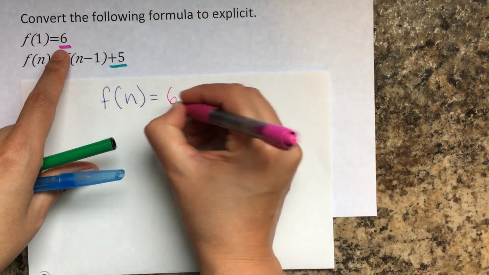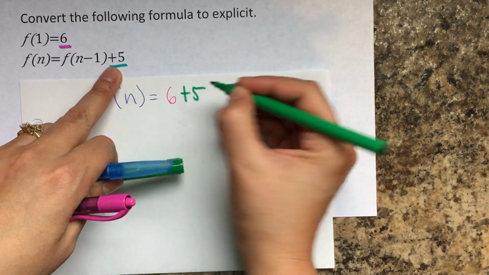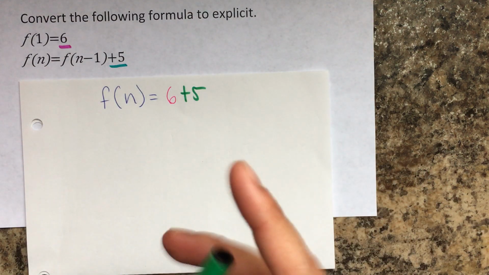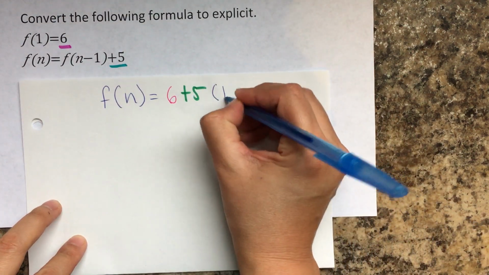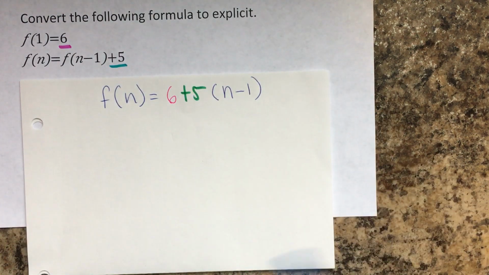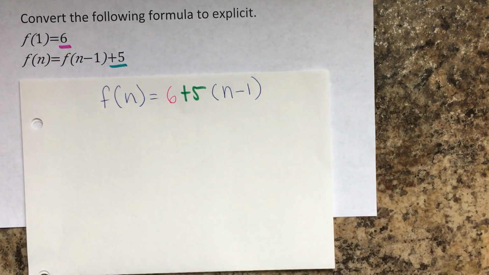So the initial point, the pattern which is plus 5, and because it's addition, my n minus 1 will be a factor. Okay, initial point, pattern, n minus 1. That's all you have to write.